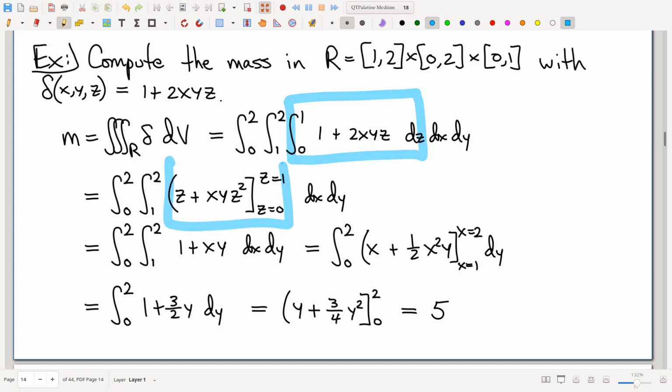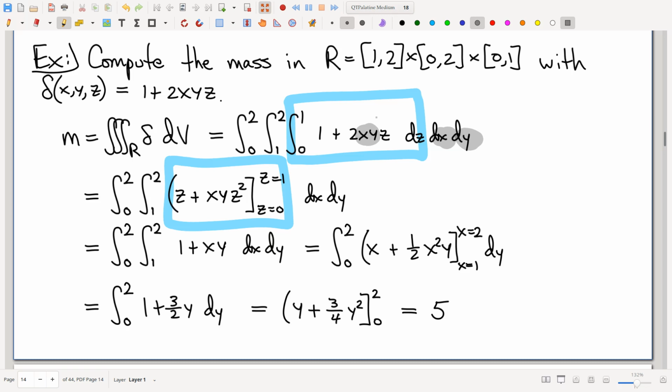This is my calculation for that inside integral. Notice the variables further to the outside are to be treated as constants. So again, easy mistake to make, but that xy right there. At a quick glance you're thinking, wow, I've got a product of three functions and I'm going to have to do some integration by parts or something like that. Very easy to fool yourself into believing that it's harder than it is.